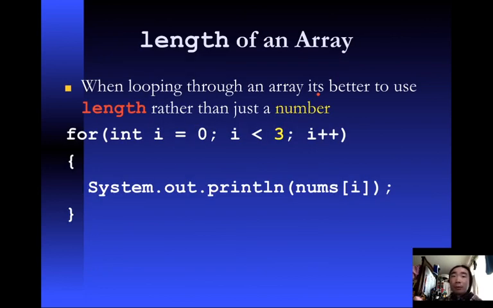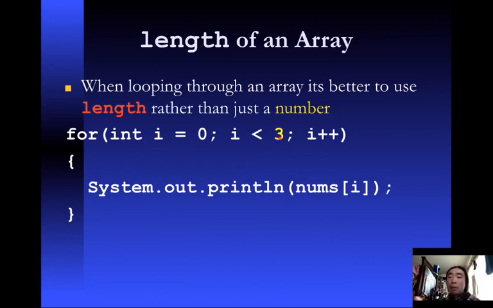Length is super useful when we want to print out all the things in the array. Imagine doing an audit of all the people in an apartment building. You want to print out who's living there. This is what this for loop is doing. And then you notice right here, this only prints out the first 1, 2, 3 things.